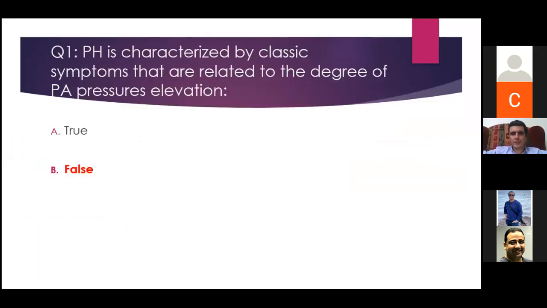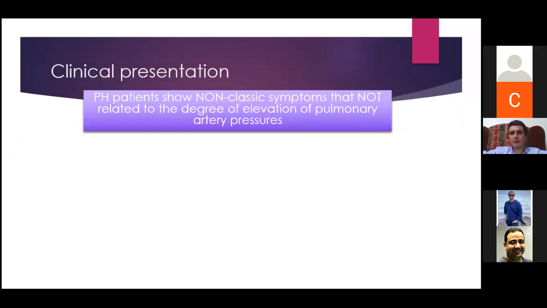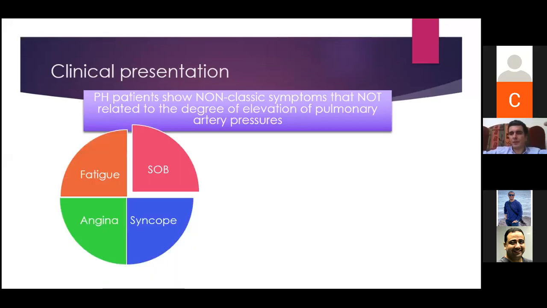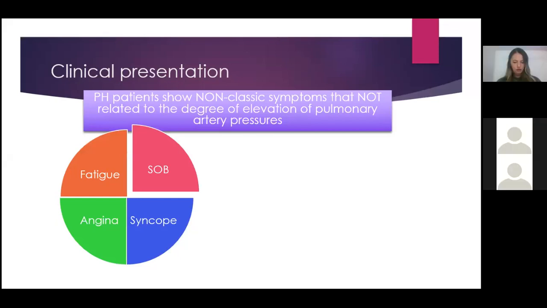And actually, as you mentioned, the answer for the first question is that this is a false statement. This is because most pulmonary hypertension patients have non-classic symptoms. The non-classic symptoms can vary between shortness of breath, fatigue, angina, or syncope, and these symptoms don't depend on the degree of pulmonary artery pressure elevation.